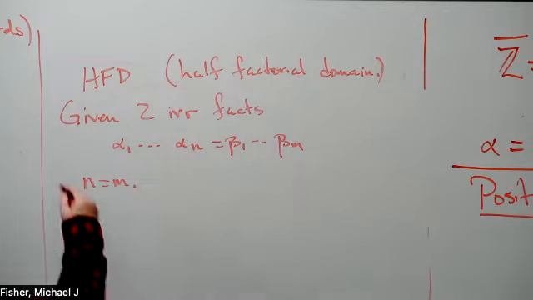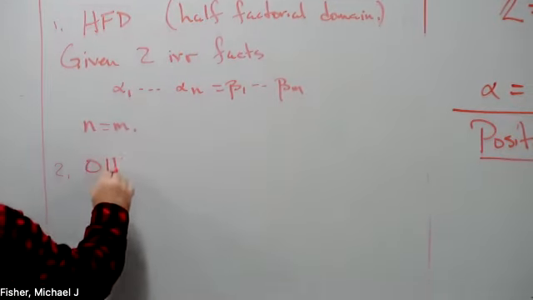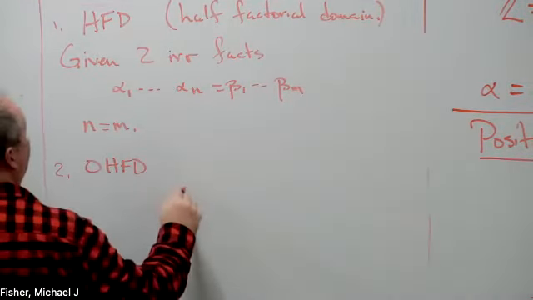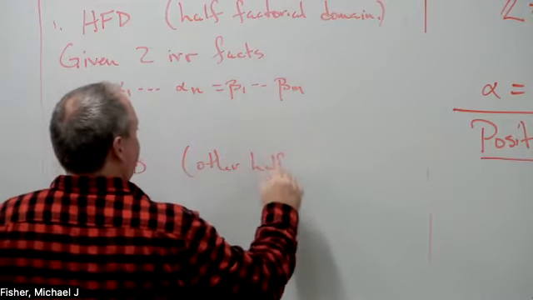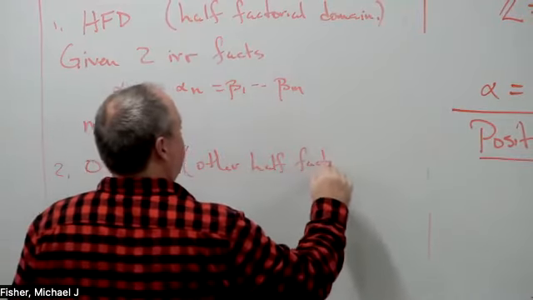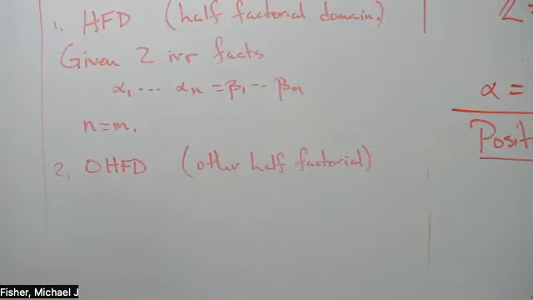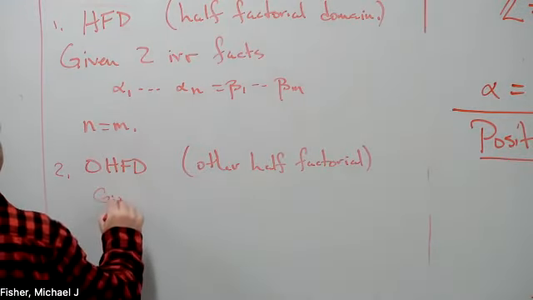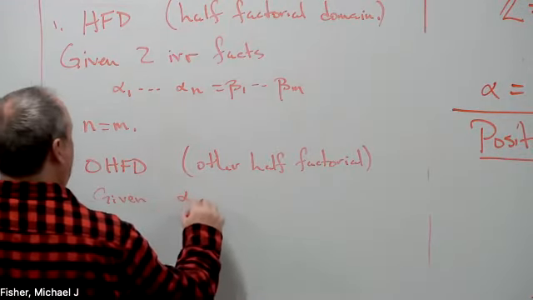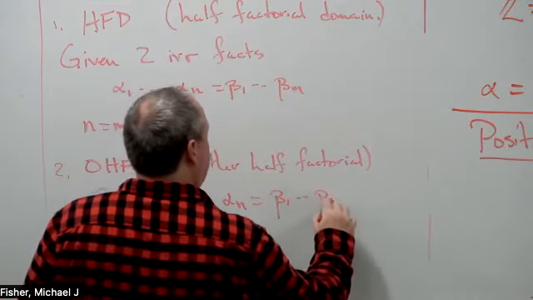And this is even worse. Other half factorial. What this means is, given alpha 1 through alpha n equals beta 1 through beta n.